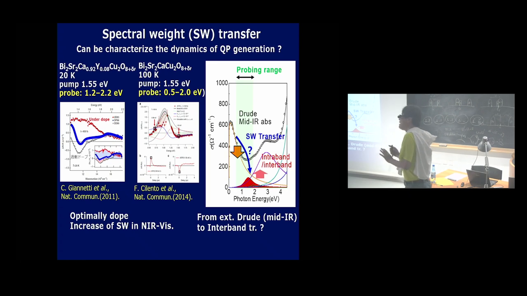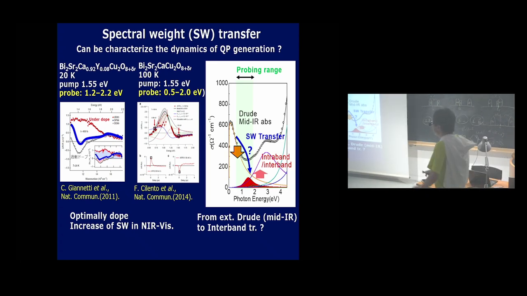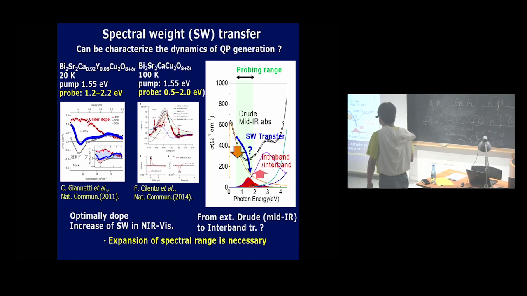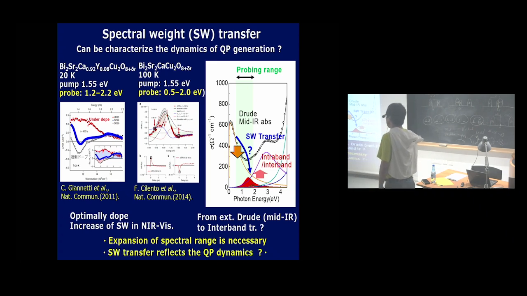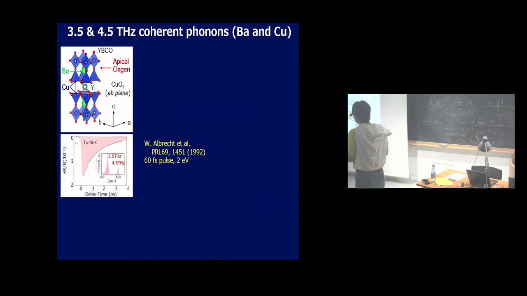However, there is no experimental confirmation. So we should expand the spectral range to the high energy range, and then we can characterize how fast the spectral weight transfer, or equivalently the generation of quasiparticles, occurs. That is the first purpose.